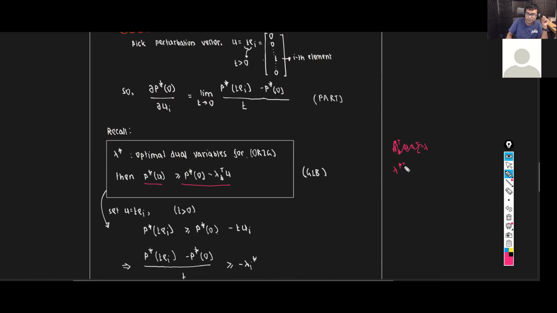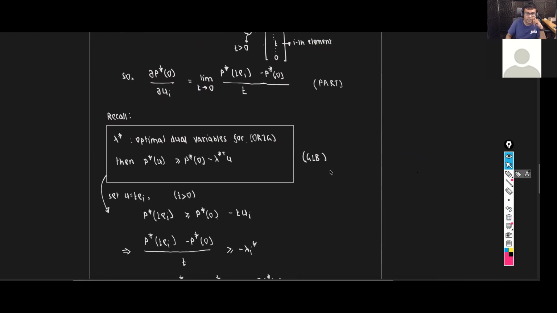So lambda star, ith component, u, ith component, and sum over all the constraints. Let me fix this quickly. Transpose u. Okay, good. So this is something that we proved already, and we know this to be true.